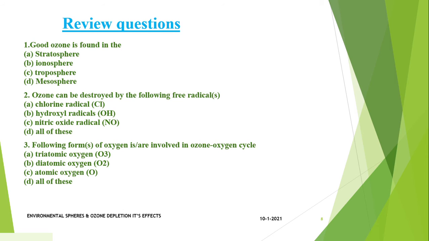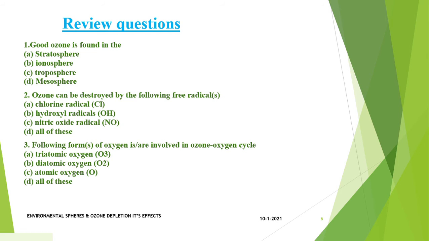Now, we'll have some review questions. Number 1. Good ozone is found in the: A. Stratosphere, B. Ionosphere, C. Troposphere, D. Mesosphere. Number 2.